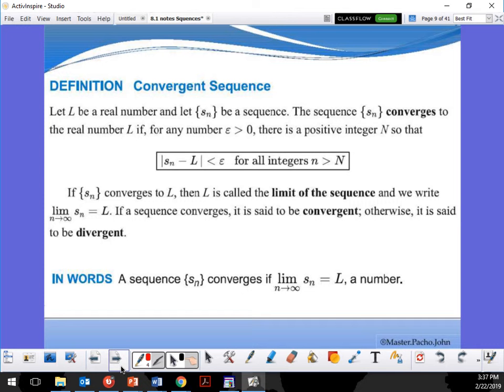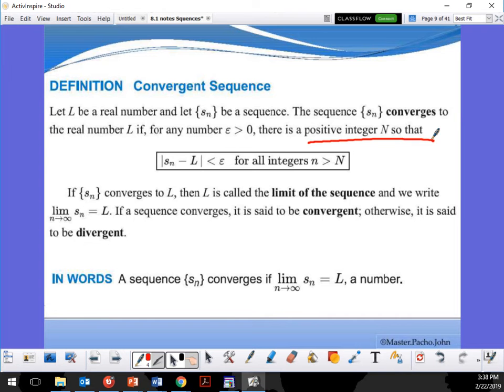If for any number epsilon greater than 0, there is a positive integer capital N, so that the absolute value of S of n minus L is less than epsilon for all integers n greater than capital N, where capital N is my positive integer.